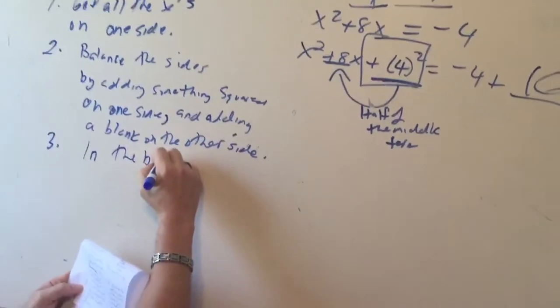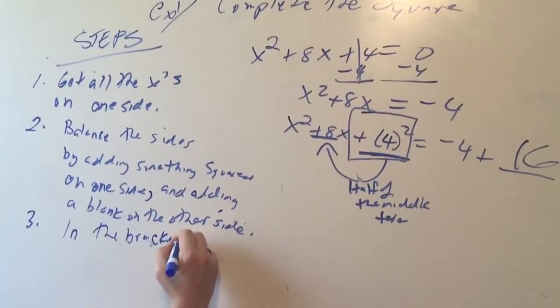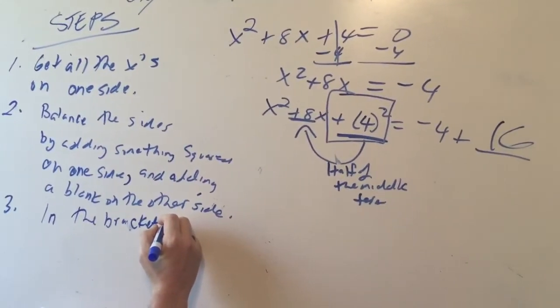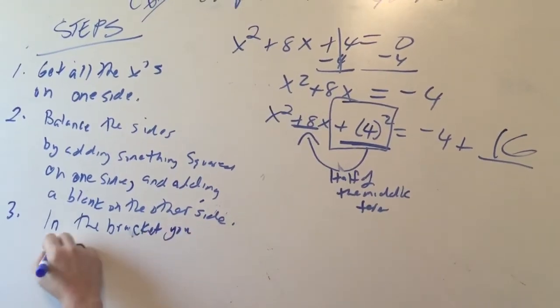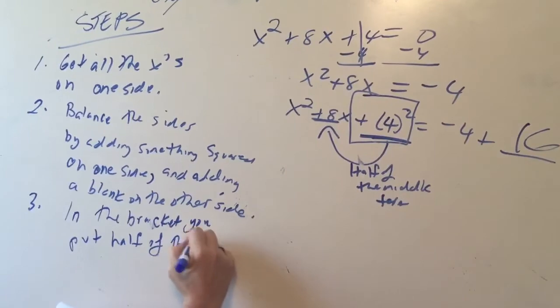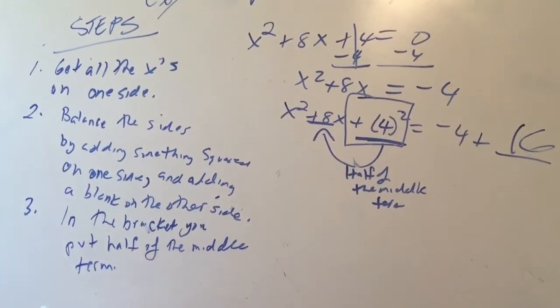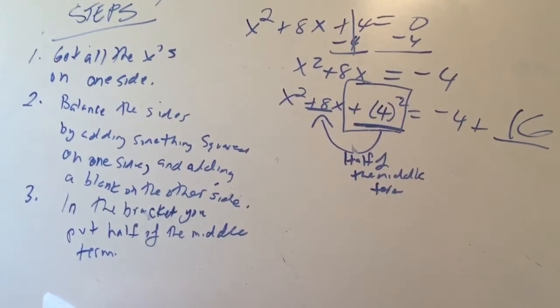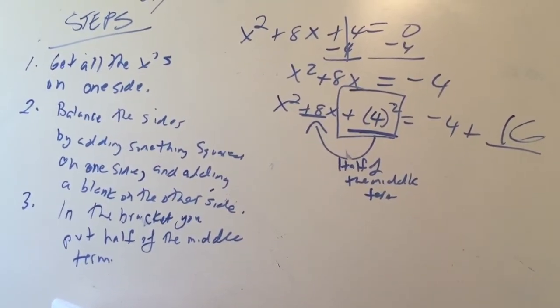So let's write that out. In the bracket, you put half of the middle term. Okay? So in the bracket, you put half of the middle term.